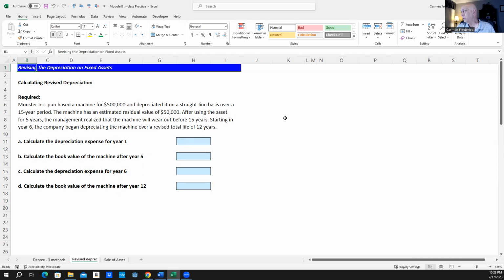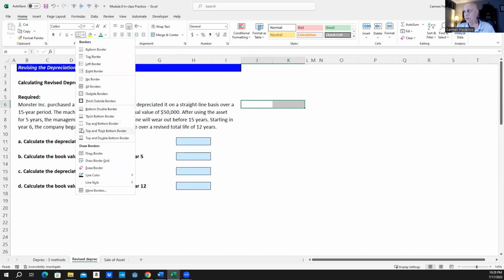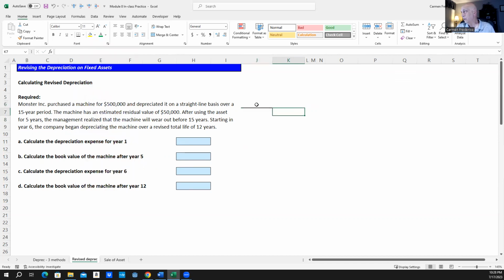I'm going to draw a couple of T accounts up here, just for fun. T accounts are fun. Accountants love T accounts, let's face it. Okay, so let's call this machinery.